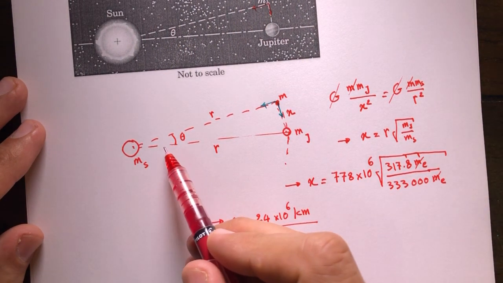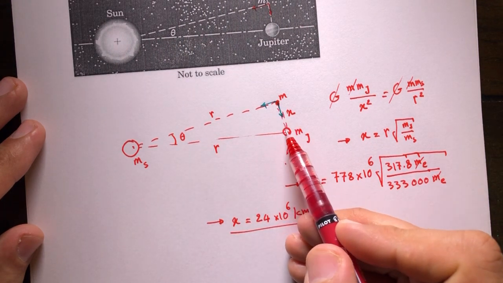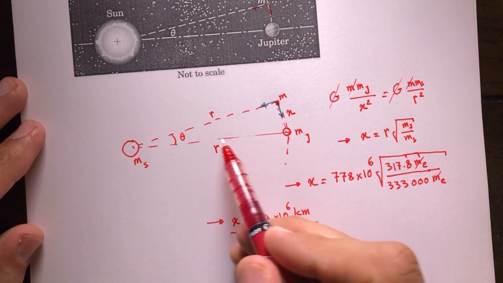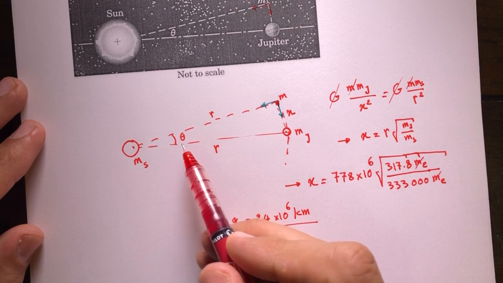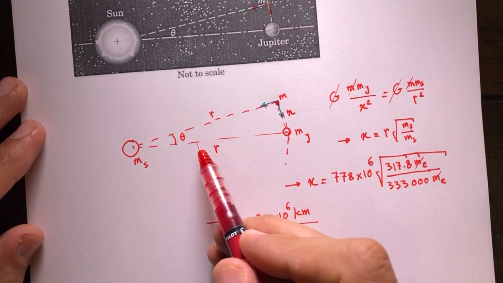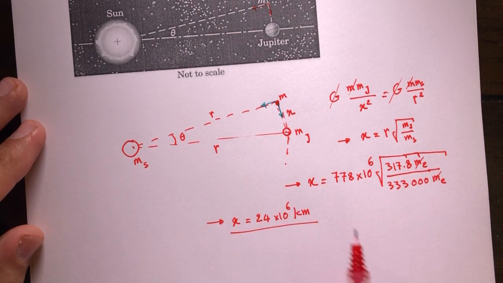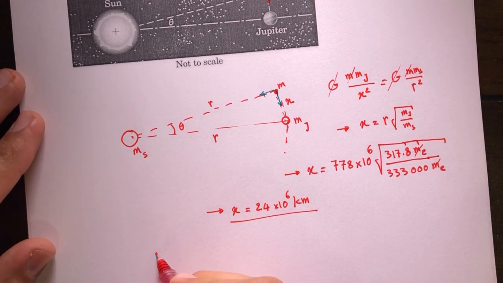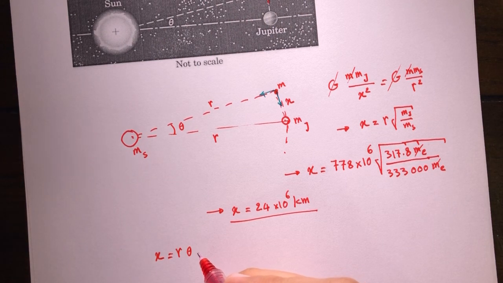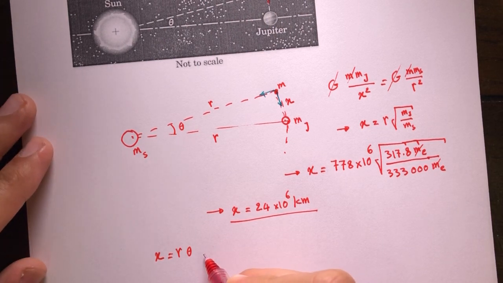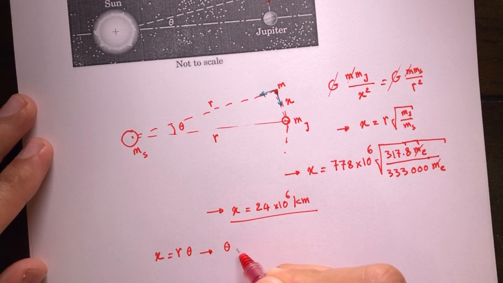And from the other side, the relationship between the length of the arc, the radius, and the angle in radian, the length of the arc is going to be r times theta. Okay, so we can say x is equal to r times theta if you say theta is in radian. Then from here, theta is going to be equal to x divided by r.